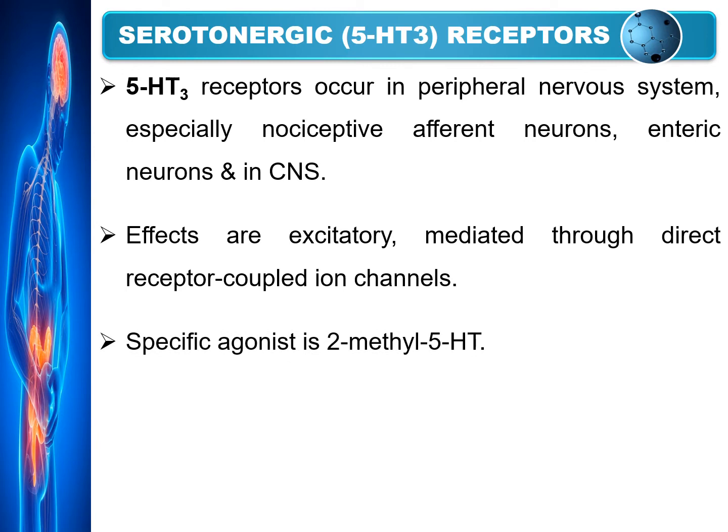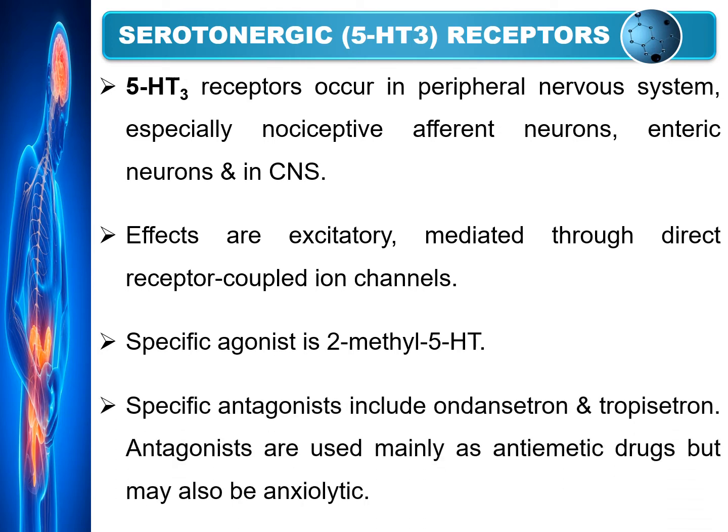The specific agonist of the 5-HT3 receptor is 2-methyl-5-hydroxytryptamine. The specific antagonists of the 5-HT3 receptor include ondansetron and tropisetron. The antagonists of 5-HT3 receptors are mainly used as anti-emetic drugs, but they may also be used as anxiolytics.